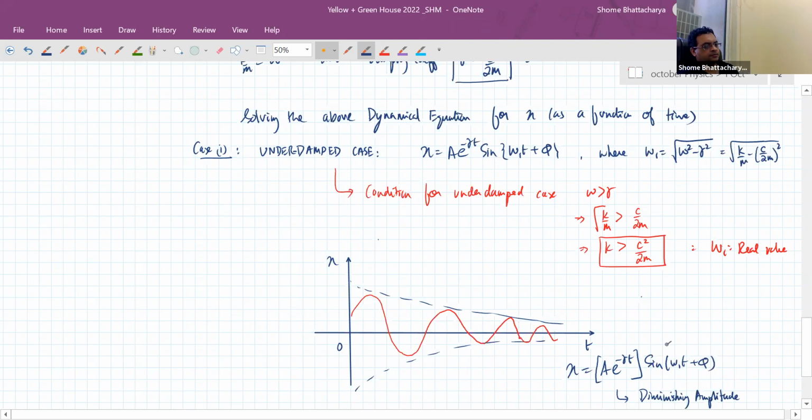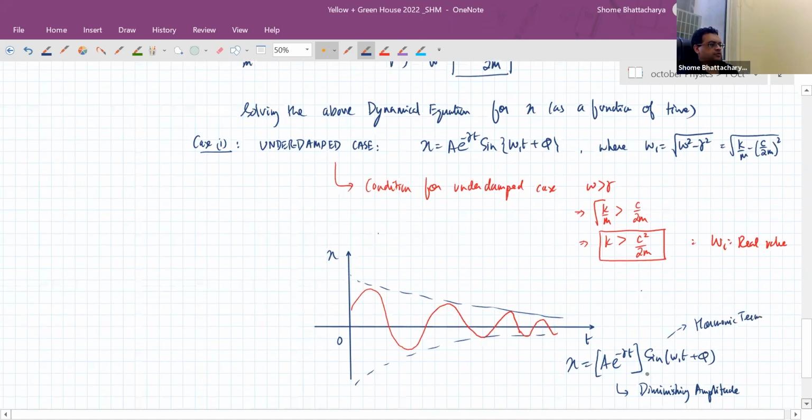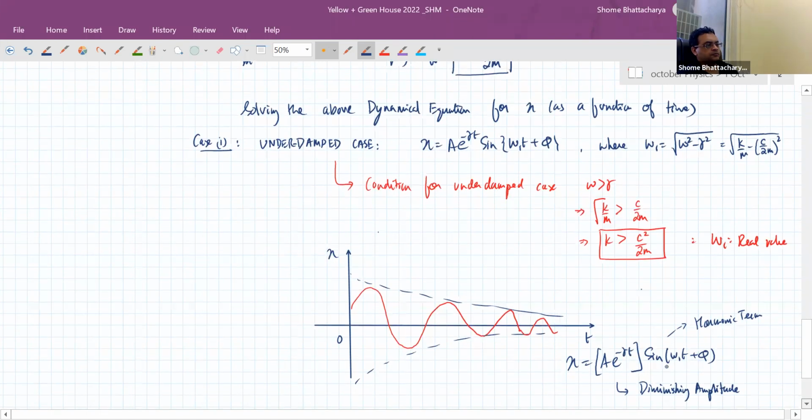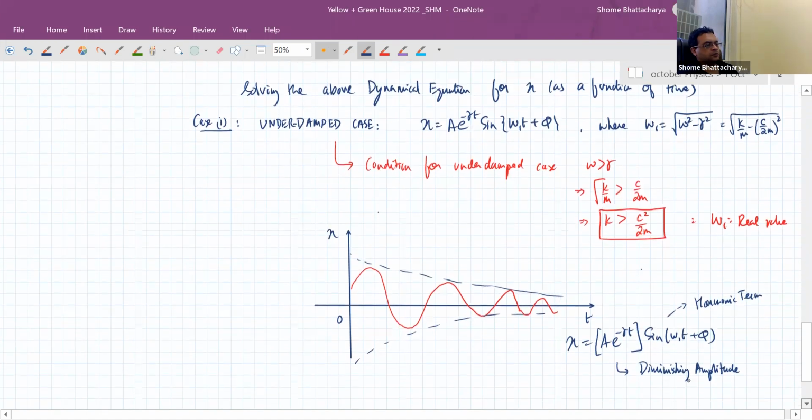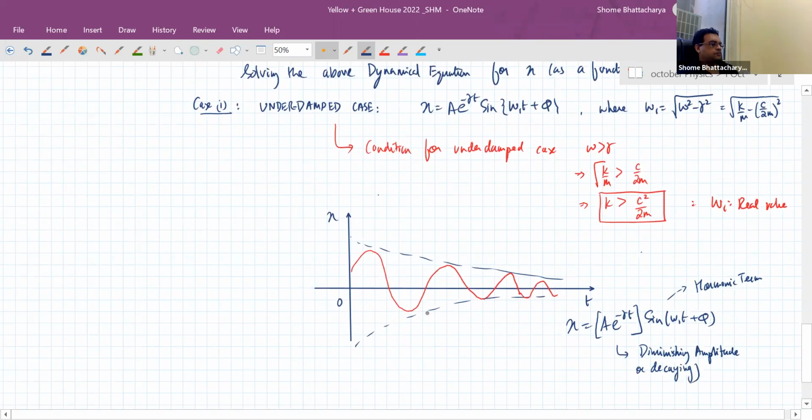And this is a harmonic term. So it's got a diminishing or decaying kind of amplitude. So this is the underdamped case.